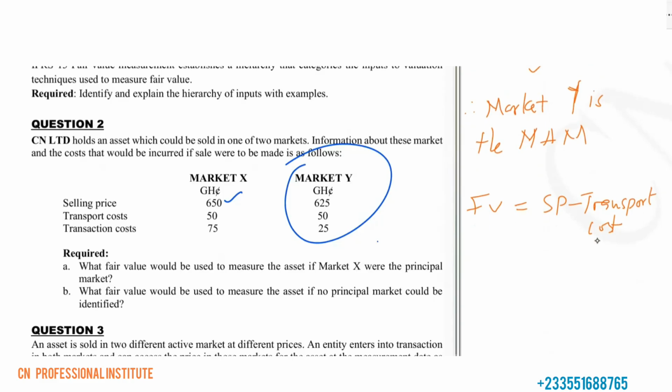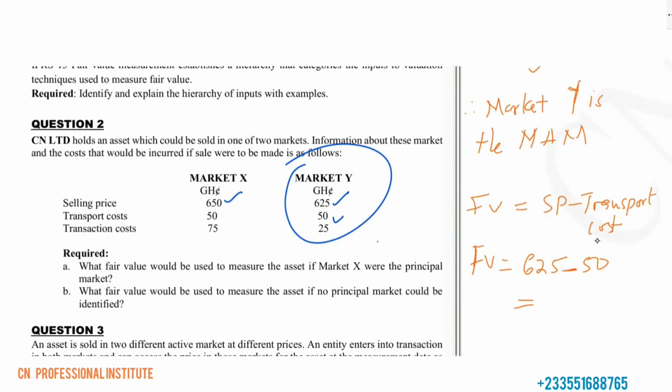So for B, we are determining the fair value from market Y. Selling price is 625. Transport cost is what? 50. So you just deduct, and then the answer you get becomes the fair value.